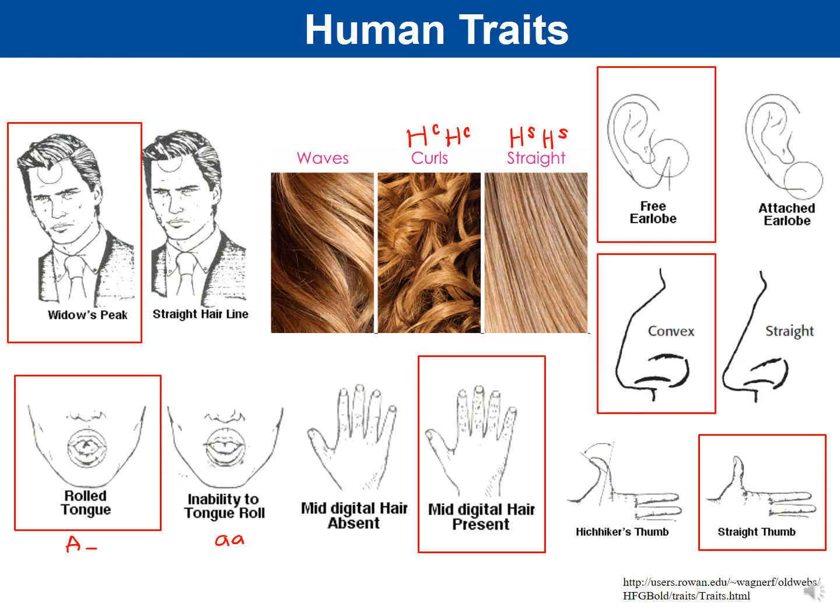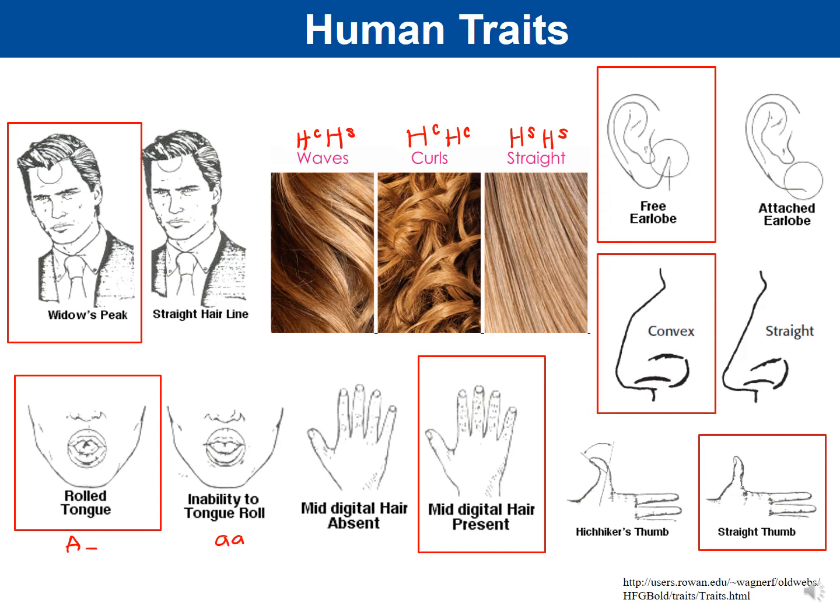And then if you inherit one curly and one straight, then your hair would be wavy, which is in between being curly and straight. This is incomplete dominance because when you're heterozygous, when you have one curly allele and one straight allele, when you have that combination, your phenotype is halfway in between. It's not curly, it's not straight, it's somewhat curly, it's in the middle, it's wavy.